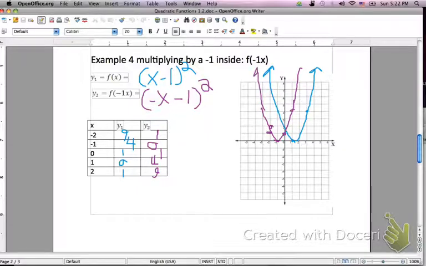Okay, well, what happened? Well, if we just look at this part, and if we look at this part, notice that both are 1 away from the y-axis. This one's 1 way that way, this one's 1 way that way. And they have the same shape.